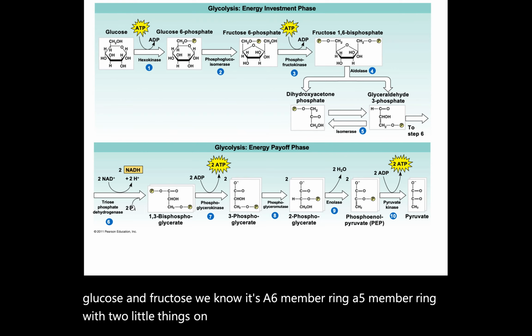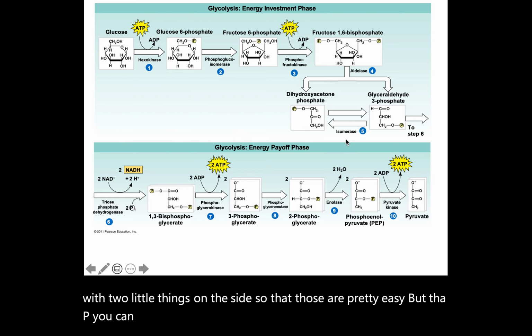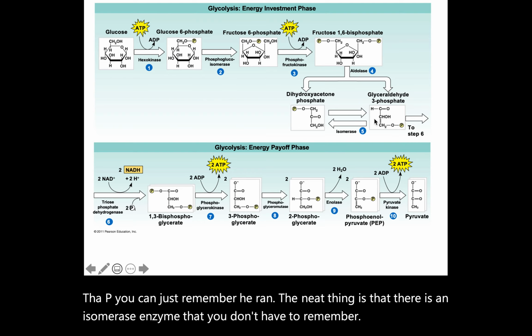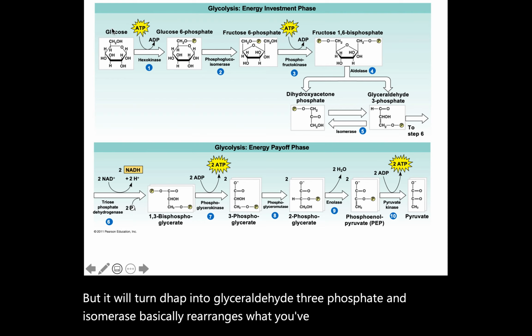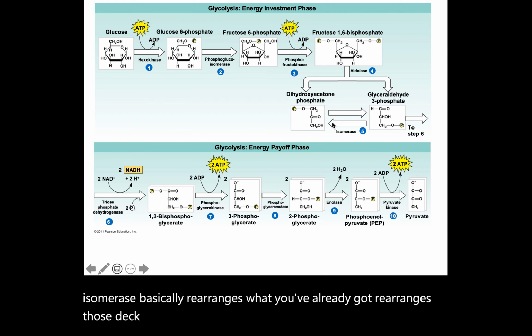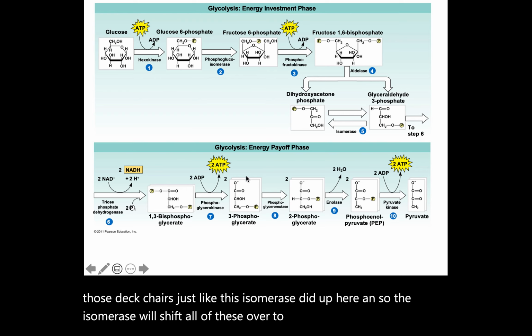So those are pretty easy, but DHAP, you can just remember here. And the neat thing is that there is an isomerase enzyme that you don't have to remember, but it will turn DHAP into glyceraldehyde 3-phosphate. And isomerase basically rearranges what you've already got, rearranges those deck chairs just like this isomerase did up here. And so the isomerase will shift all of these over to this camp eventually.